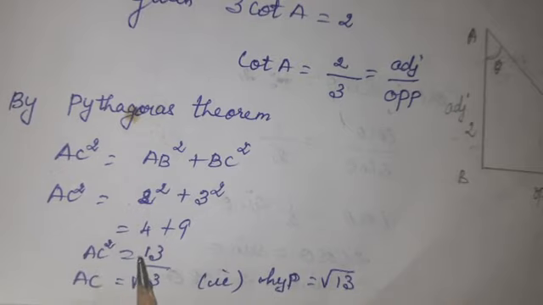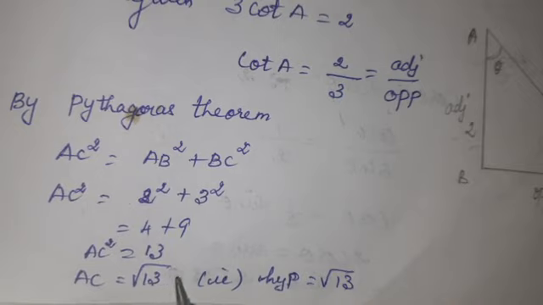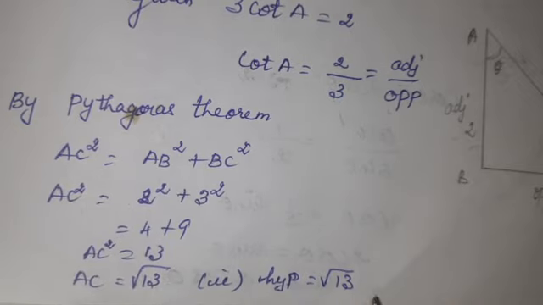This is AC square is equal to 13. Square comes this side, it will come as root 13. Therefore, AC value is square root of 13. That is, hypotenuse value is square root of 13. Now we know the hypotenuse, adjacent and opposite.